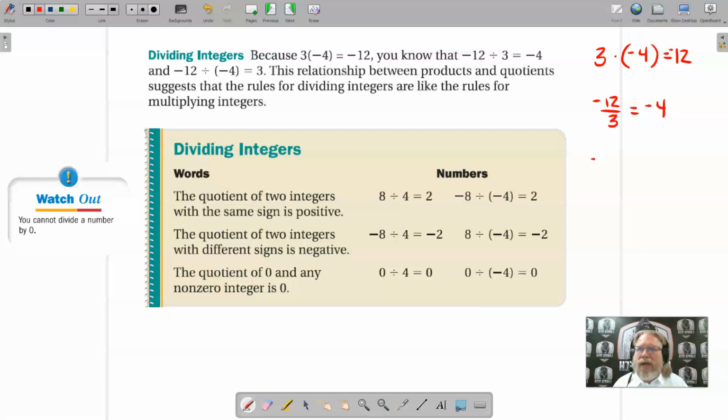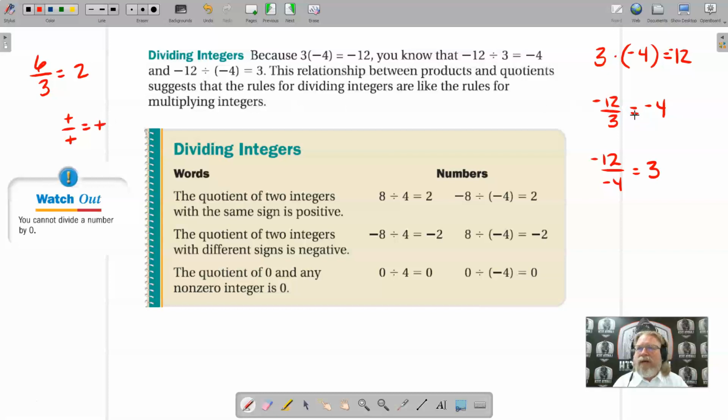And if we took the negative 12 and divided it by the negative 4, then we would get the other factor of positive 3. So what this leads to is the idea that we already know if we take a positive like 6 and divide it by a positive like 3, that we're going to get a positive answer, such as 2. So we know that positive divided by positive is going to equal positive.